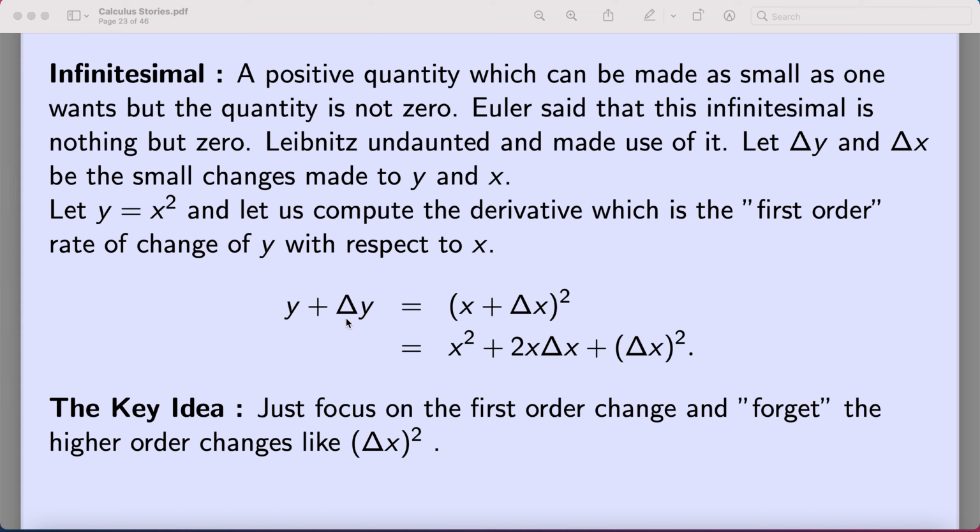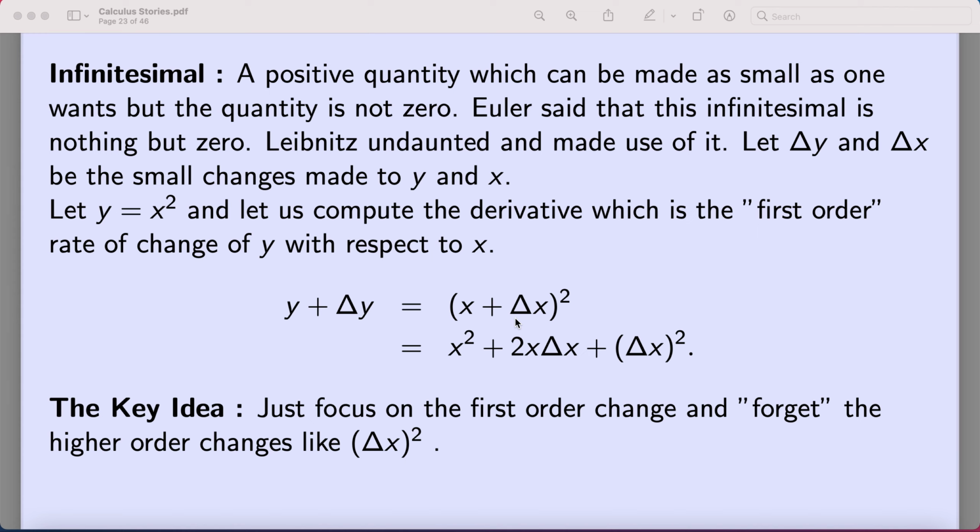So y plus delta y is f of x plus del x. In this case, f of x is x square, y is x square. So it is x plus del x whole square. Basically, delta y is nothing but y plus delta y minus y. So y plus delta y is just this. Now I square it up, just like a plus b whole square. So x square plus 2x delta x plus delta x square.